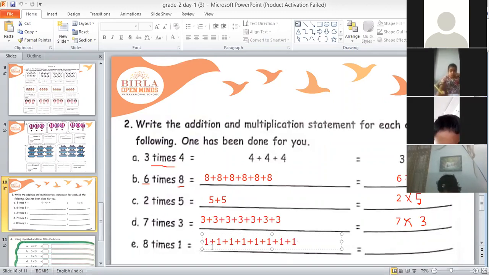So how many times will we write this one? 8 times: 1, 2, 3, 4, 5, 6, 7, 8. That is correct. Now tell me the multiplication statement.